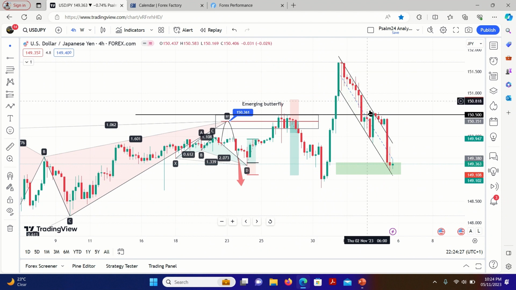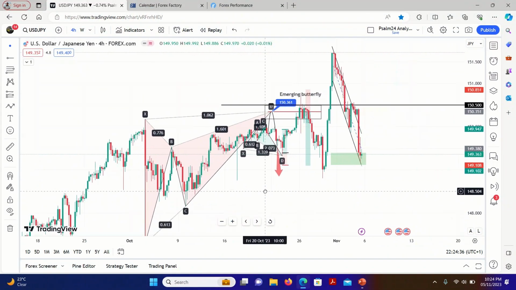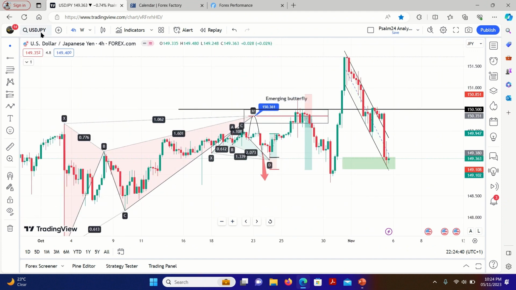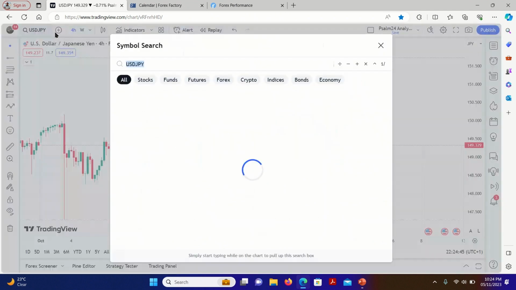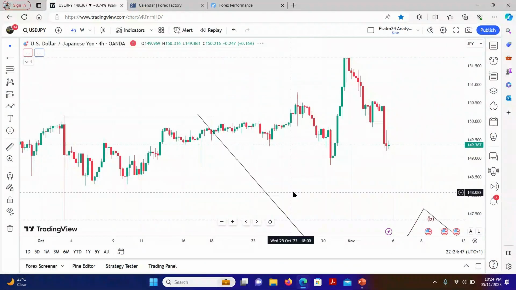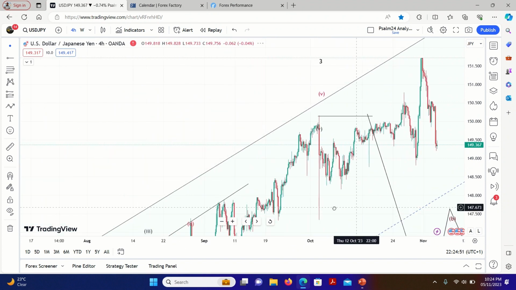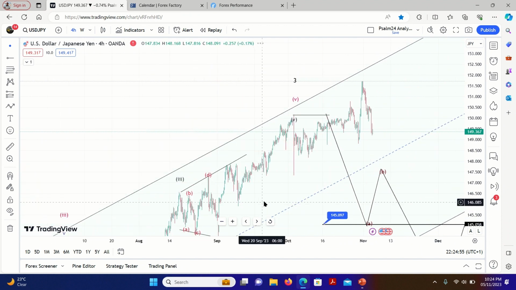So now we are looking for an opportunity to perhaps go to the upside before the further move to the downside. So that is what we are seeing on market geometry on USDJPY. USDJPY from Elliott Wave perspective, we are still bearish.